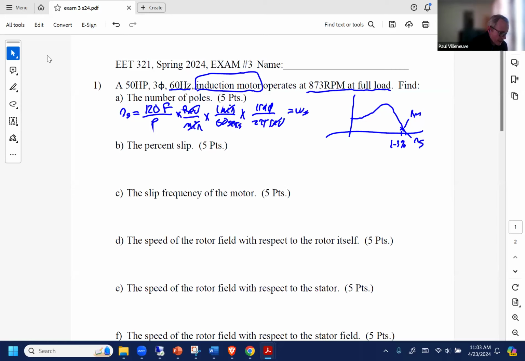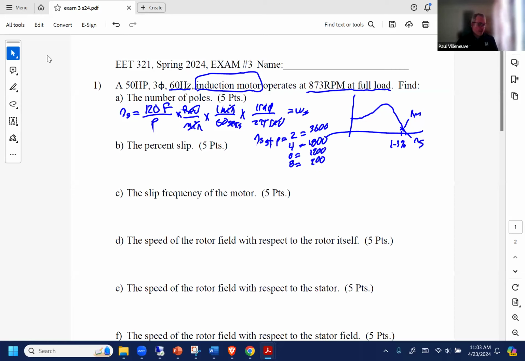Now what we need to do is calculate what the equivalent of RPM would be. So if we did this calculation and we just started plugging in a certain number of poles, we would see that N sub s at P equals 2 is equal to 3,600. At 4, it's 1,800. At 6, it's 1,200. At 8, it's 900.